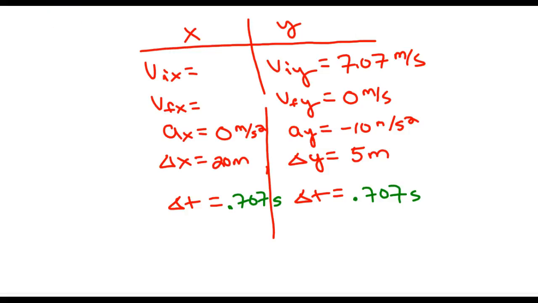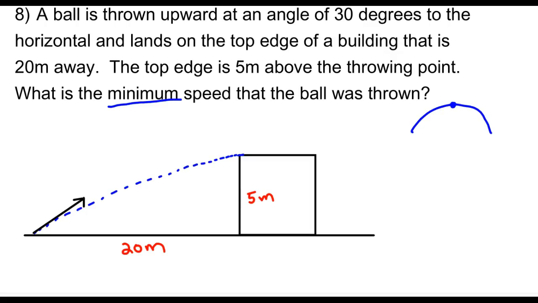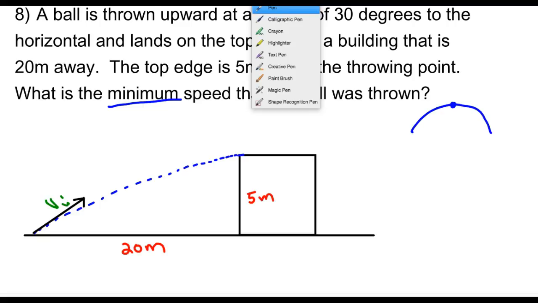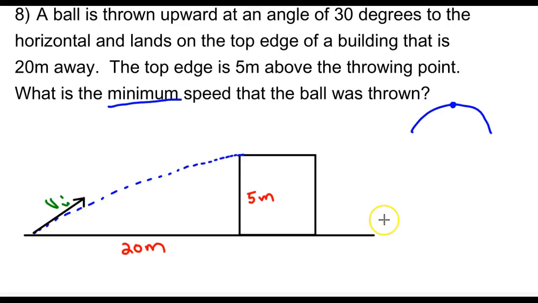Now, there's a couple ways I can actually remember what we're looking for. We're looking for just the VI right here. We're not looking for VIX or anything like that. So I should have enough actually to solve this. If I look at the triangle I'm dealing with, I'm just going to redraw the triangle here. Here's the VIX, here's the VIY, and we know the angle is 30.